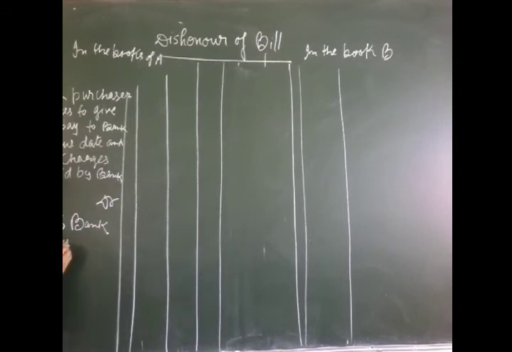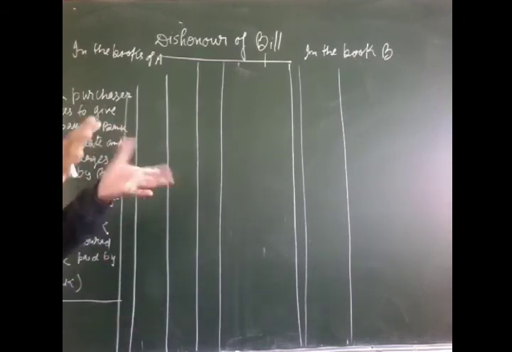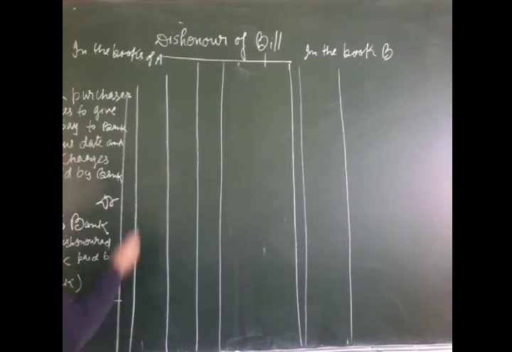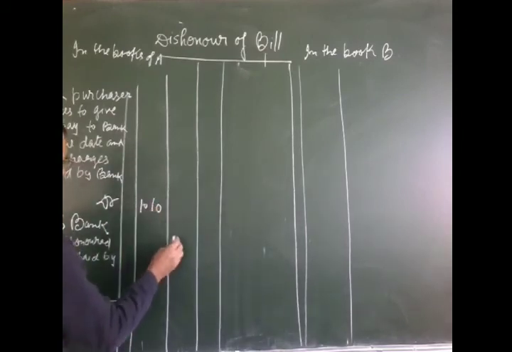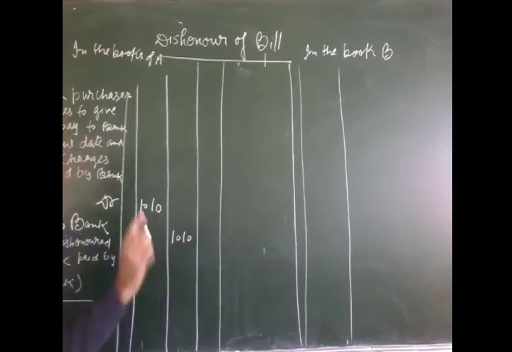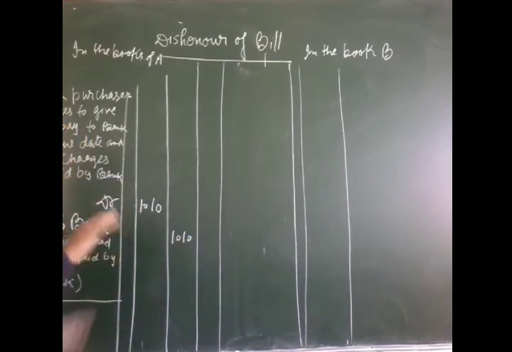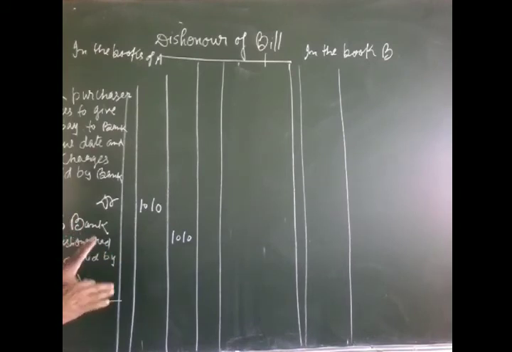Bill dishonored and noting charges paid by bank. And in this condition, the amount of noting charges, that is legal expenses, will be added in the amount of the bill. So we will write here 1010 and 1010. Rupees 10 will not be shown separately in the entry. It will be added in the amount of BR.